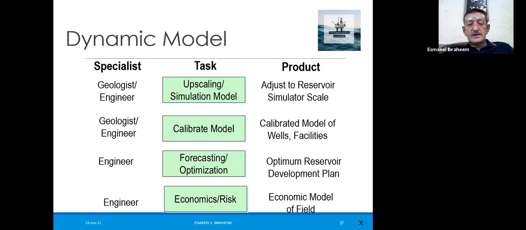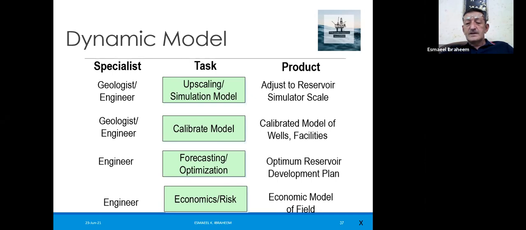Then the engineer does the forecasting and optimization, which makes the optimum reservoir development plan. You have several plans, several ideas, but which one is the optimum?